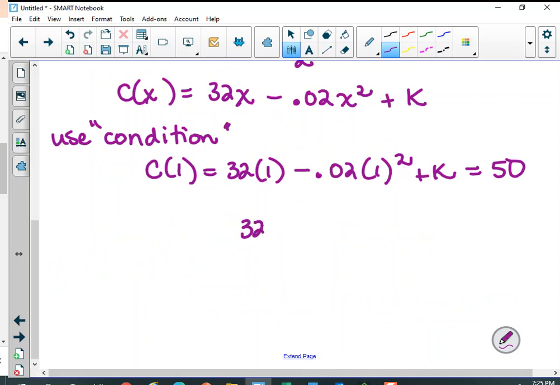So 32 minus, if I square 1, I get 1 times 0.02 is 0.02, plus k equals 50. Oops, it doesn't equal k, it equals 50. Okay, I'm going to grab my calculator so I don't do anything bonehead.